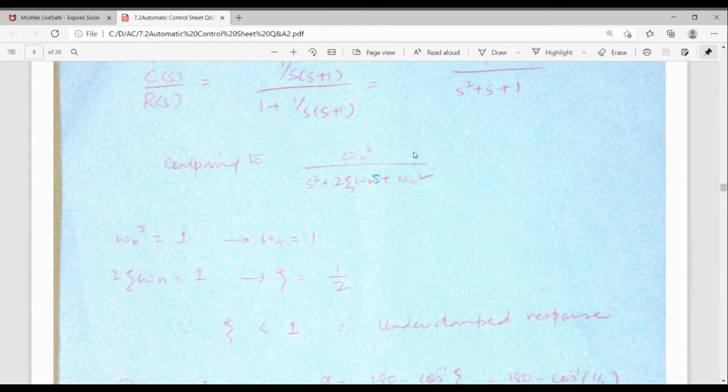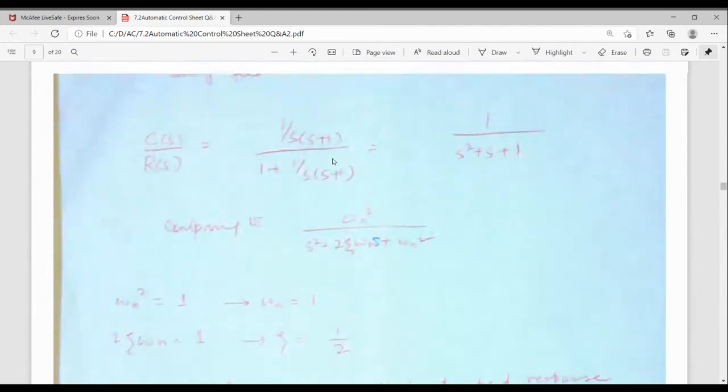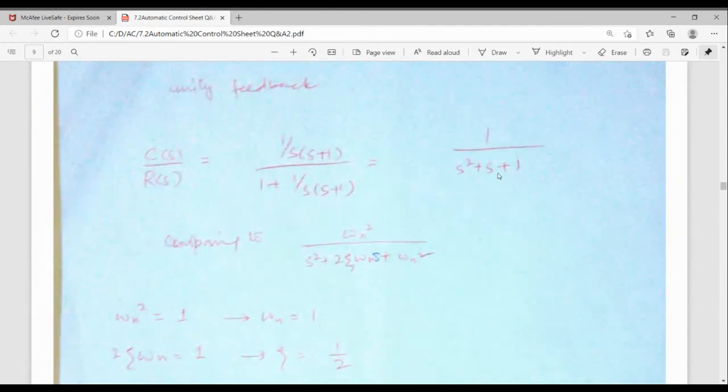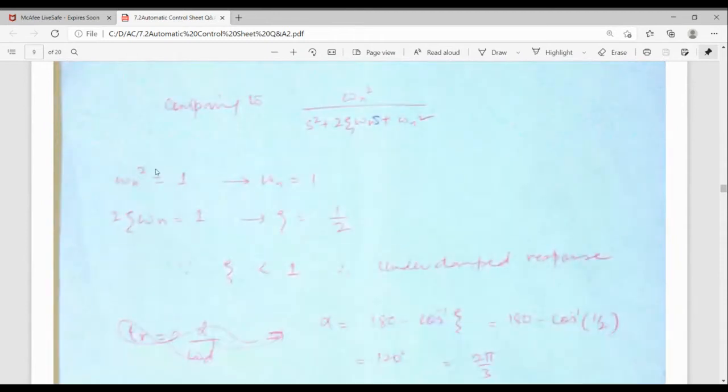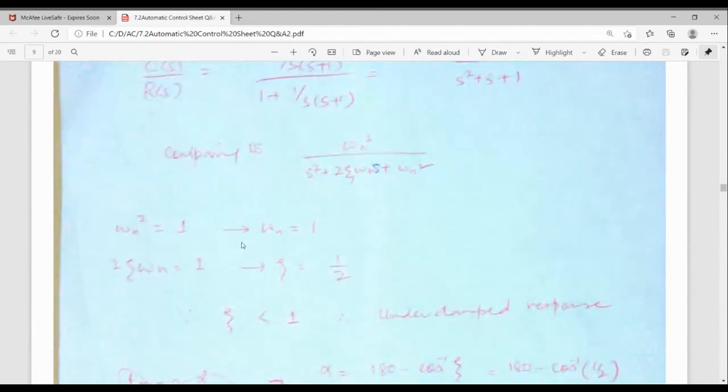Here omega n is the natural frequency. Comparing this standard equation with the given equation, omega n square is equal to 1, since in the numerator it is 1. So omega n will be 1.